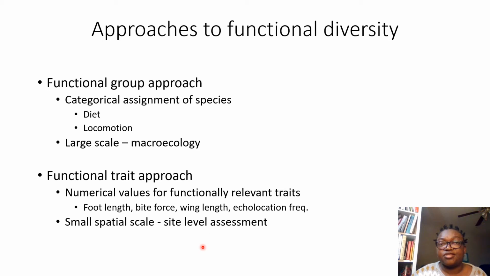Traits that may be related to some aspect of diet, like bite force, how hard the animal bites on its prey, or things like echolocation frequency that tells you details about, for bats, how the animal finds its prey. This functional trait approach is much more appropriate for small spatial scale work and site level comparisons.